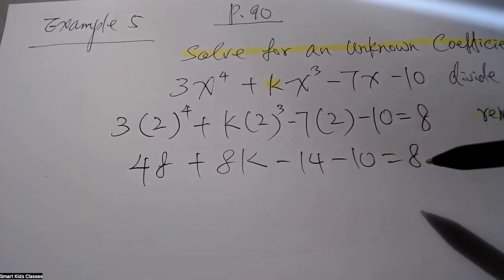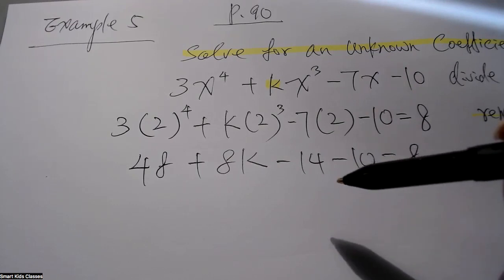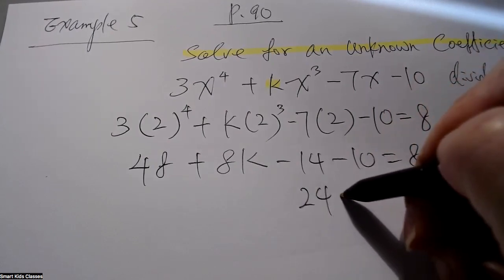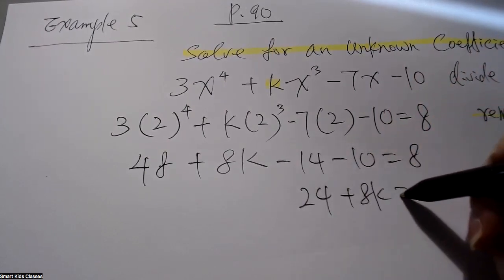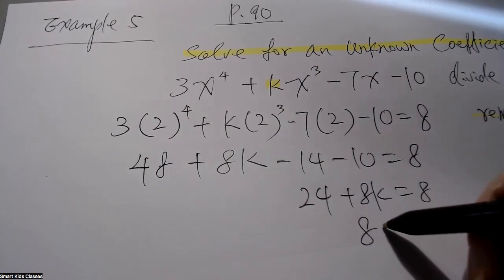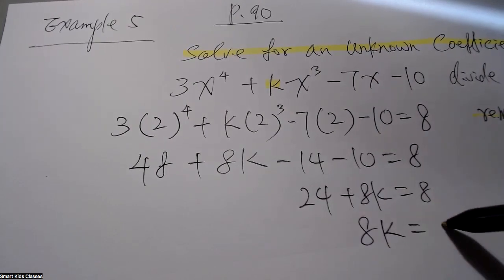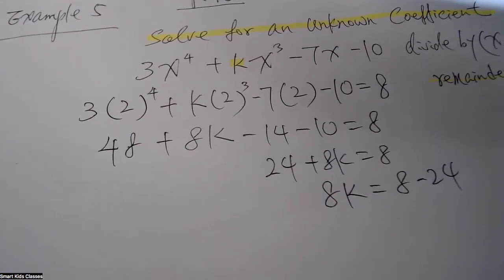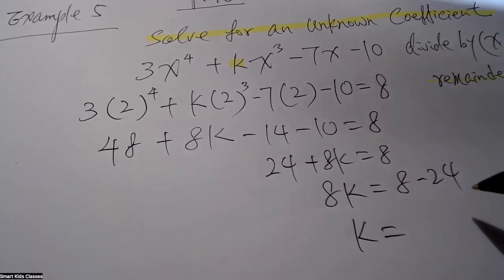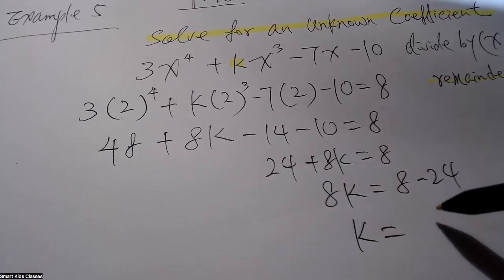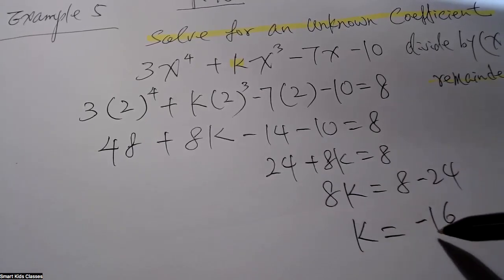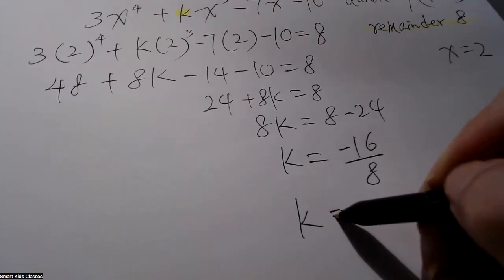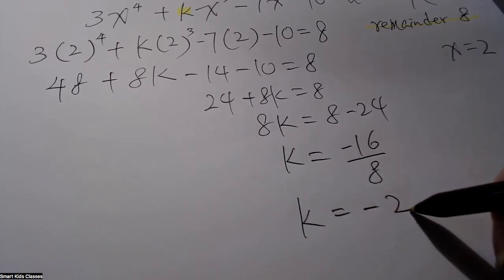So we combine all the numbers on the left side. We're going to get 24. So 24 plus 8k equals 8. So 8k is equal to 8 subtract 24. So we're going to solve k here. k is equal to negative 16 divided by 8, and then k is equal to negative 2.